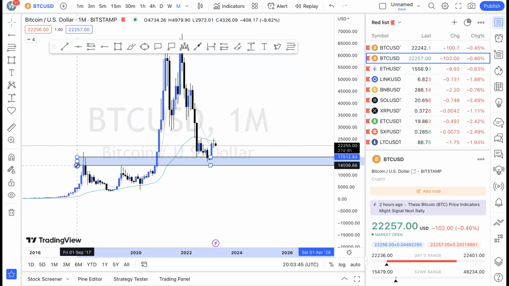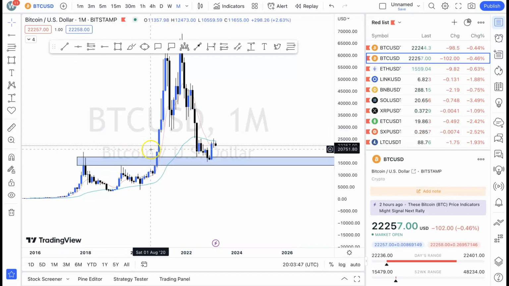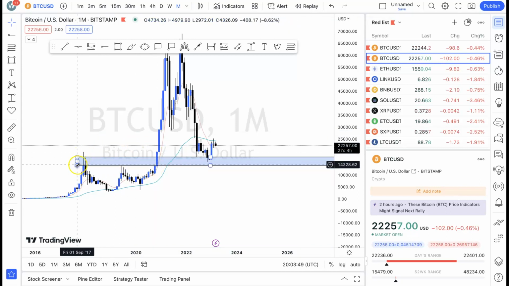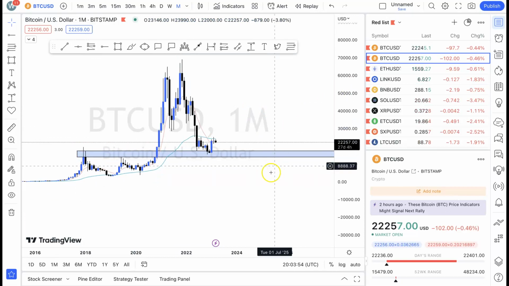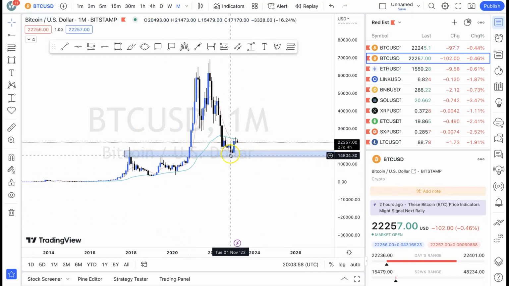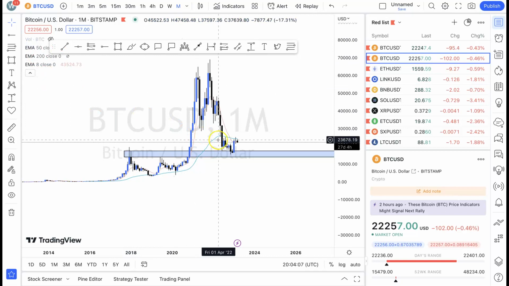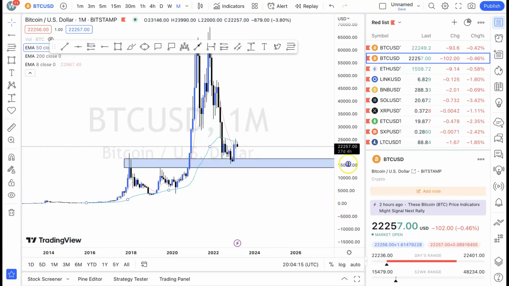So massive level there. You can extend your rectangle as big as you want, but this is what I can see for BTC. We have stabilized here, and you can also see that price has pushed higher, even though the 50 EMA is sort of acting as a resistance on the monthly time frame, right?